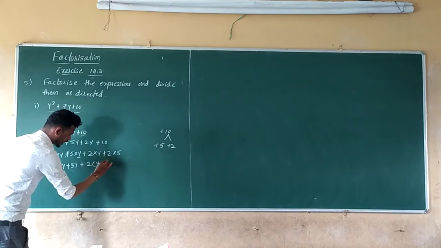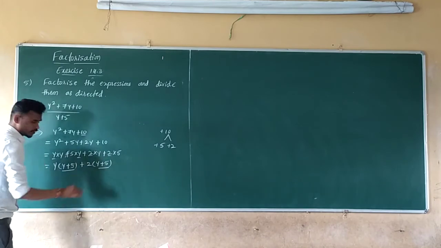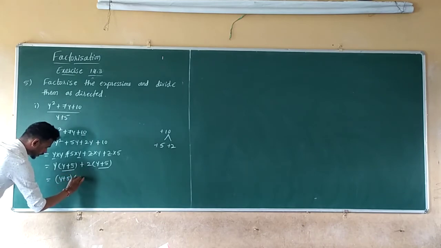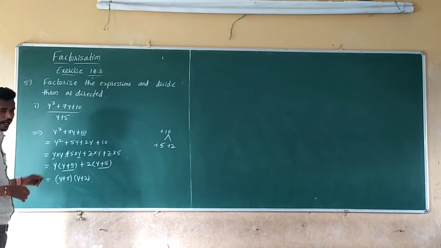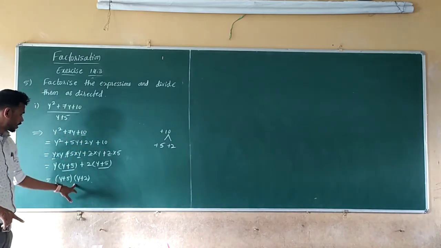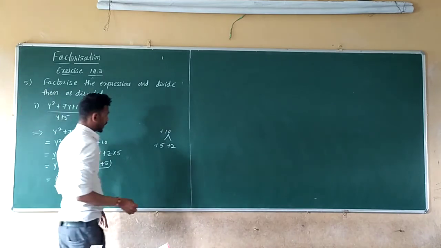Y plus 5. Now in these two, common is y plus 5, so take that outside. Y plus 5, and what will remain here? Y plus 2. That means we can factorize y square plus 7y plus 10 as y plus 5 into y plus 2.